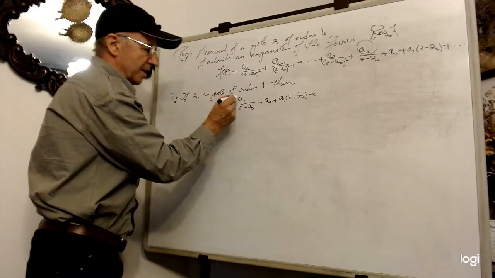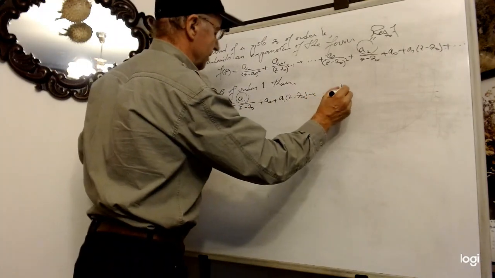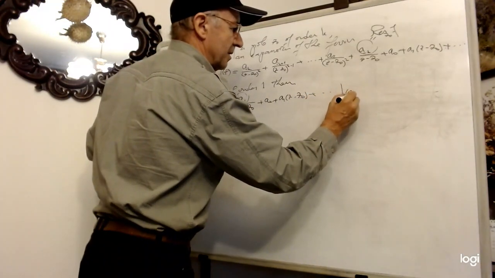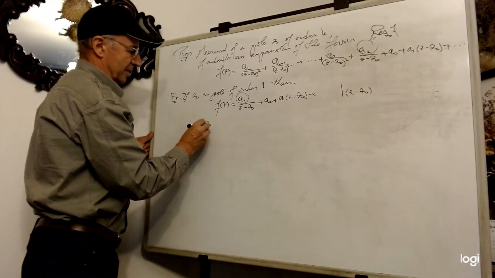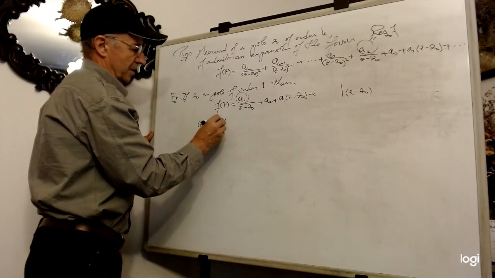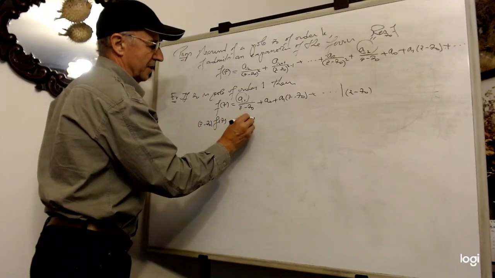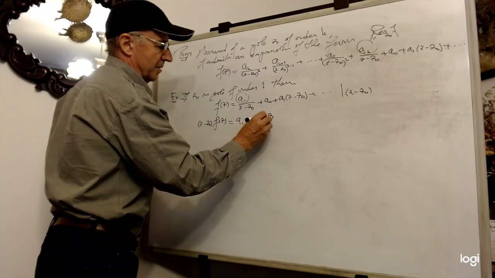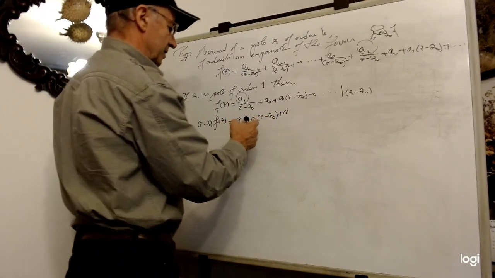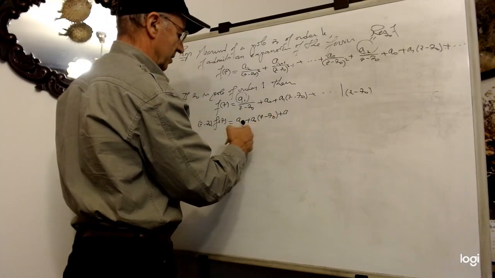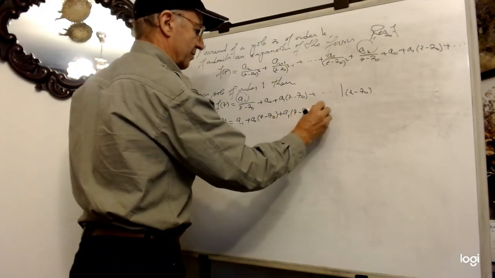In this case, we can easily compute this. It is sufficient to multiply by z - z0, and we get (z - z0) f(z) = a_{-1} + a0(z - z0) + a1(z - z0)^2 + and so on.